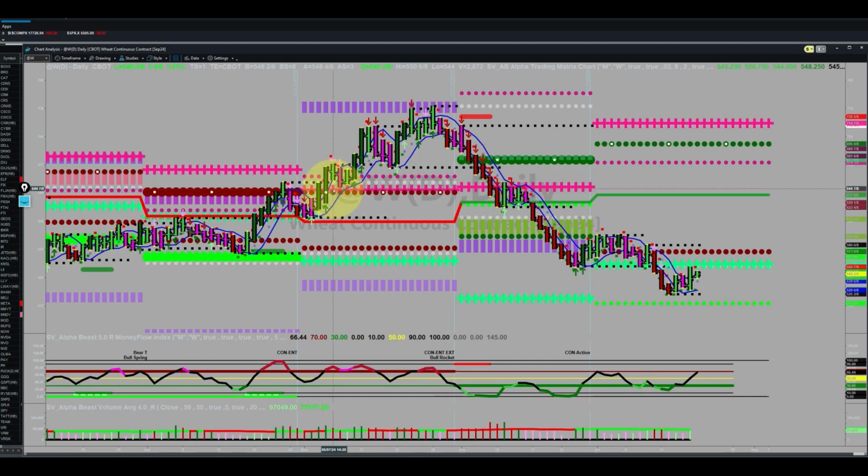For example, we have 5 different zones we trade. So this is one zone. This is the purple zone above. It's called an exhaust zone. The purple underneath, it's called a support zone, a support exhaust.